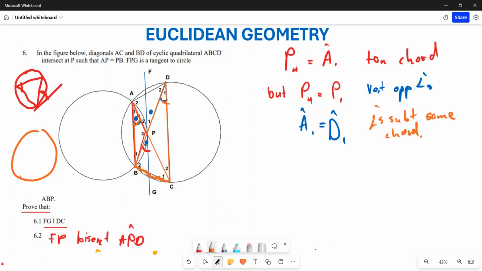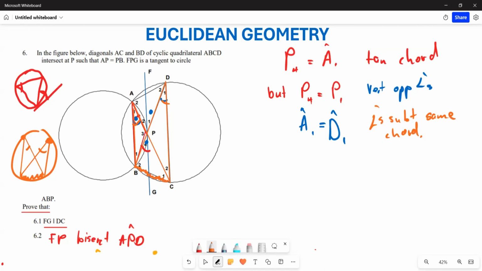It states that these angles are equal if they are subtended by the same chord, provided that the vertices of both of these triangles touch the circumference of the circle. So basically, that is the theorem.